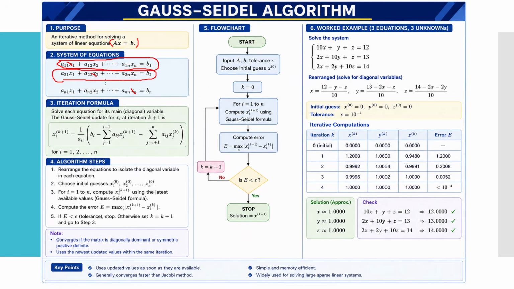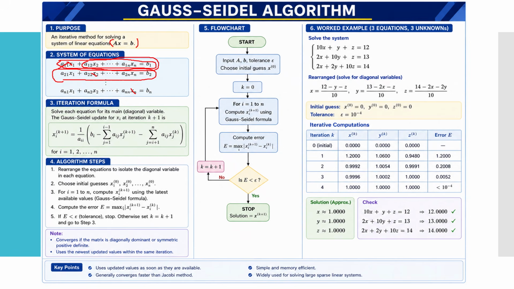For example, for a11 x1 plus a12 x2 up to a1n xn equal to b1, if we take all the remaining components to the right side, it becomes b1 minus a12 x2. For each diagonal variable, if we do the same thing, we get xi equal to 1 over aii times the quantity b1 minus a12, a13, a14 terms like that, divided by this variable a11.